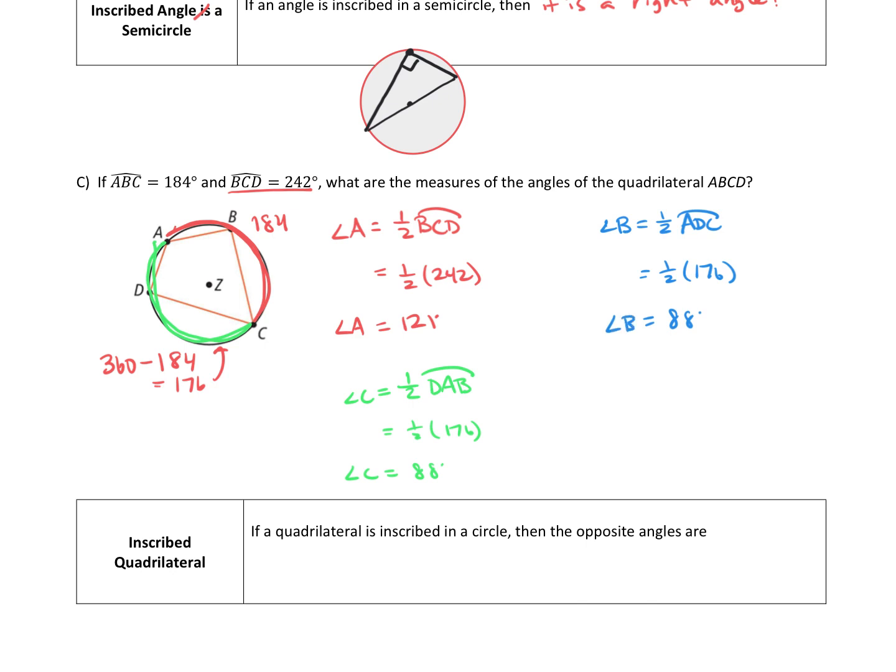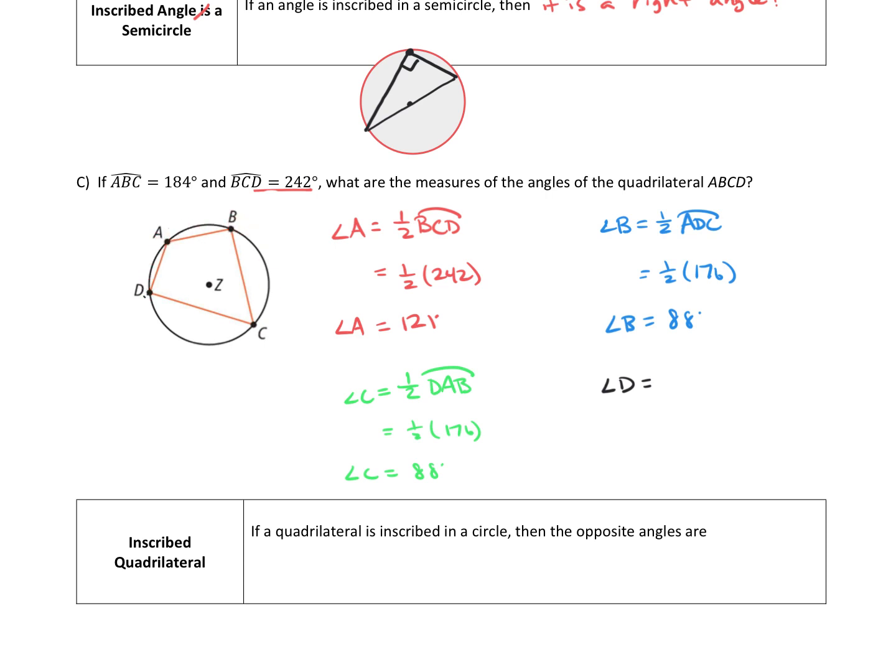All right, last we have angle D. So let me go ahead and do a little erasing. If we look at our picture, angle D is an inscribed angle. It's equal to half of arc ABC.